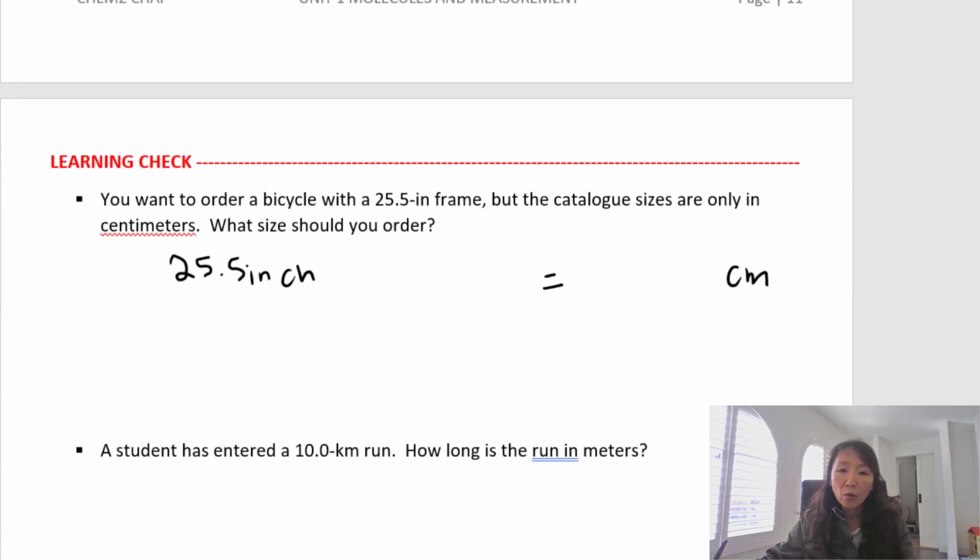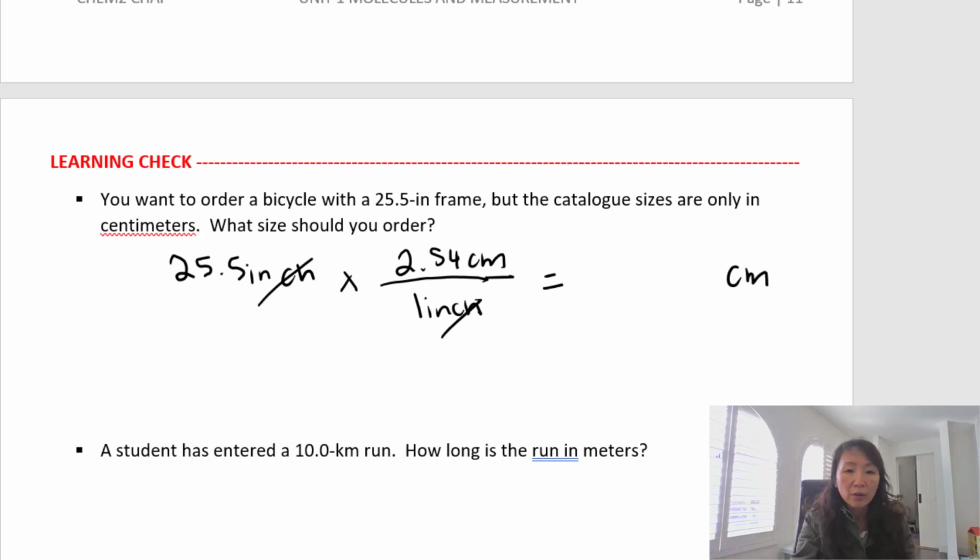Well, when you have 1 inch on the bottom, and you multiply that by the 25.5 inches in the numerator, when the inches are opposite of each other, one in the numerator and the other, the 1 inch, in the denominator or the bottom, so when they're diagonal from each other, then we can cancel those out. And then you're left with the unit of centimeters.